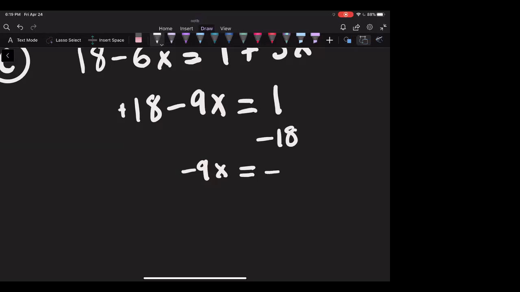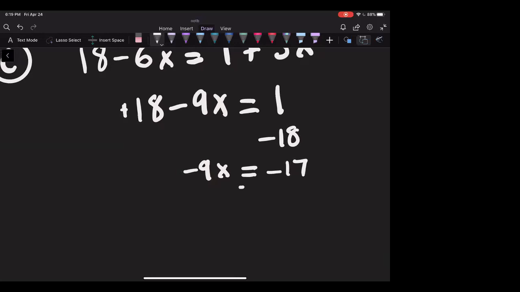So that's -17. And you gotta divide by -9. X is equal to, type it into your calculator. Okay, I got -5.6. In your calculator, 17 divided by 9.